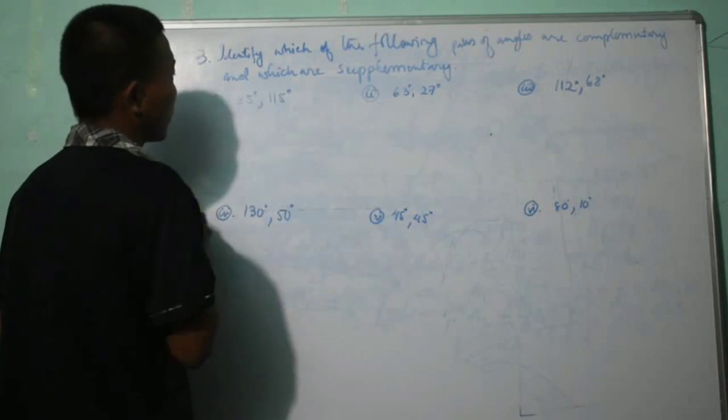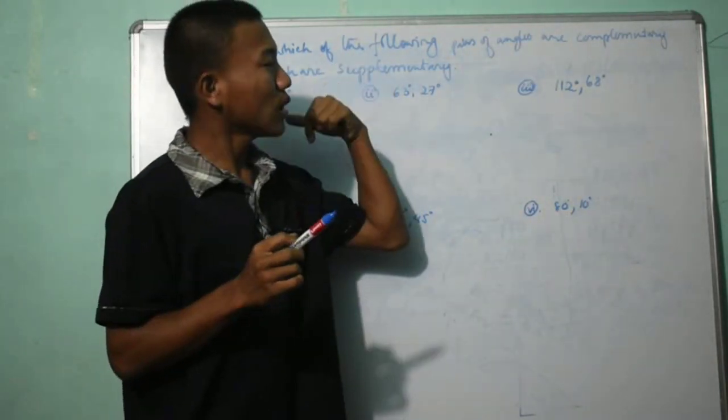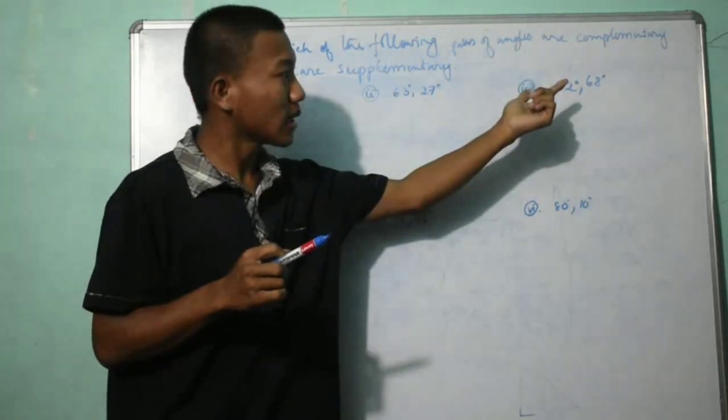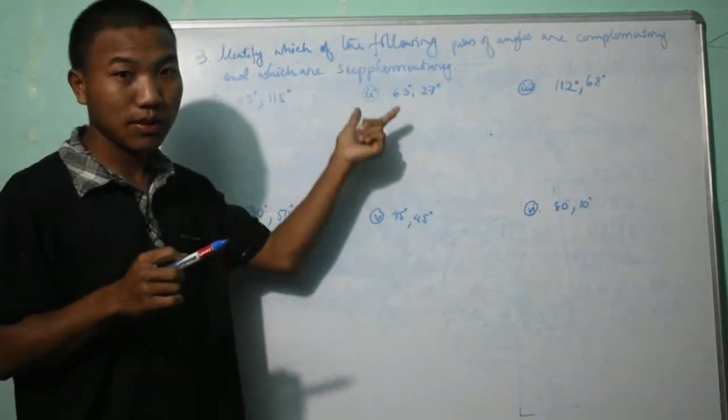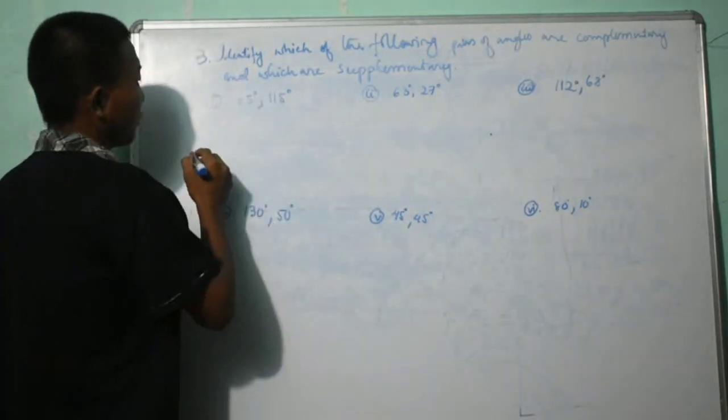So let us try to find it. One thing we should know is that when we are to find whether the angles are complement to each other or supplement to each other, we have to add them. So let us add them.